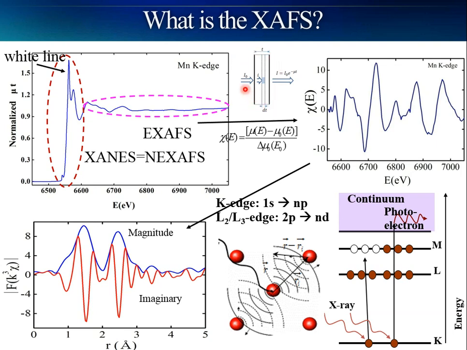This is a sample. The I naught is the intensity of incident X-ray, and I is the intensity of transmitted X-ray. So the sample has the thickness T. So by the Beer-Lambert law, the transmission intensity I equals I naught exponential minus mu T, where mu is the absorption coefficient.